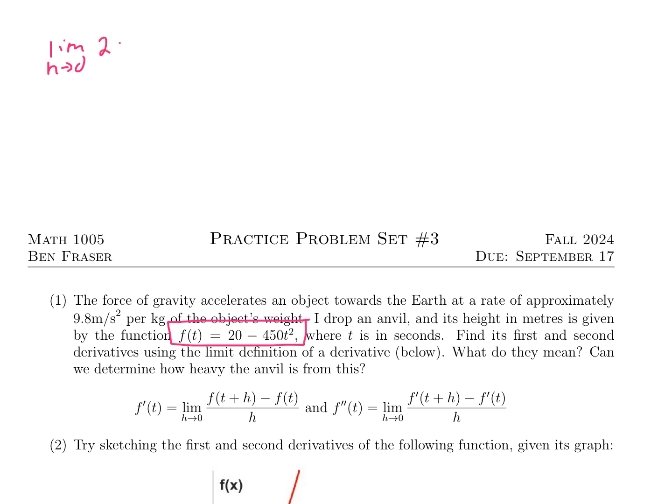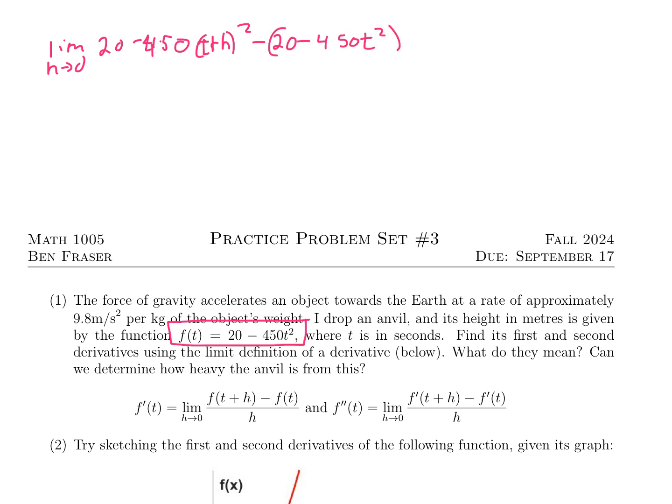So we'll have 20, but it's going to be minus 450 times t plus h squared. Then we're going to just minus the original formula, which was 20 minus 450t squared.